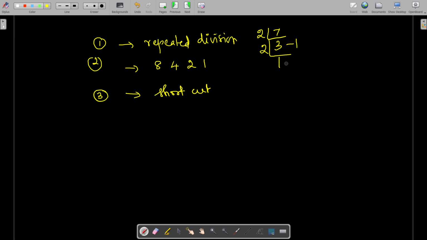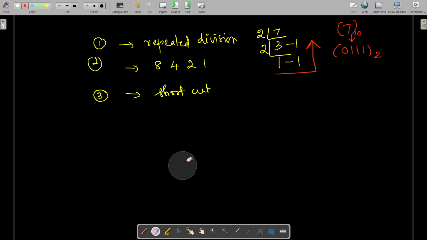One time, remaining 1. And this 1 is less than 2, so we cannot go for further division. Now you write the answer starting from the last quotient: it is 111. Since it is a 4-bit value, you add a 0 at the front. So this is the binary equivalent of the decimal value 7.